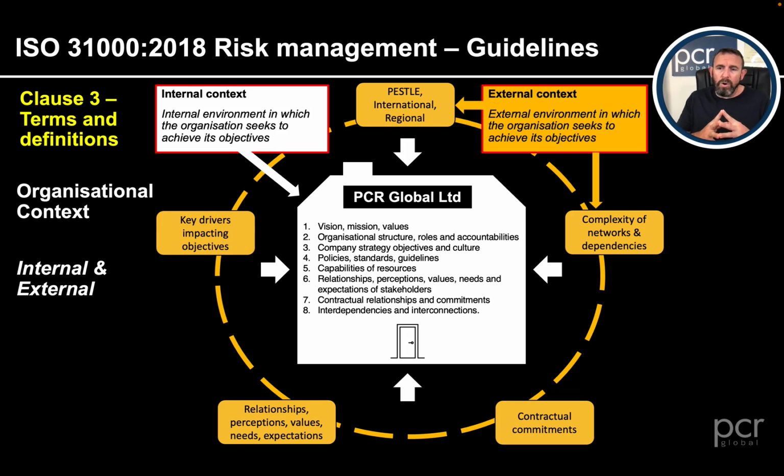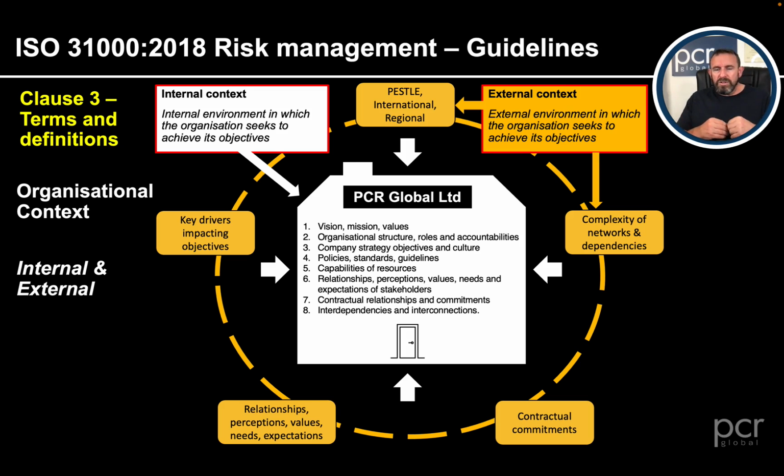What is going on externally that is going to affect us from achieving our objectives, which is, as an organisation, making money, of course. Achieving what we're set up to do, but we need to make money to stay afloat, of course. So there we can see, in white we have the internal environment, orange we have the external environment, and that is the organisational context.